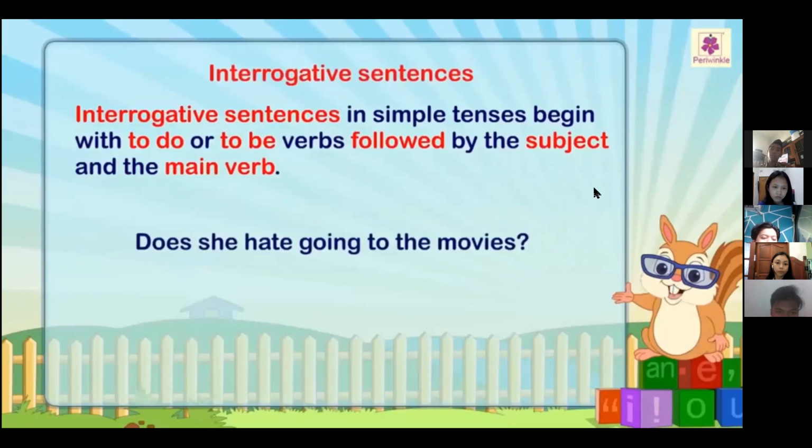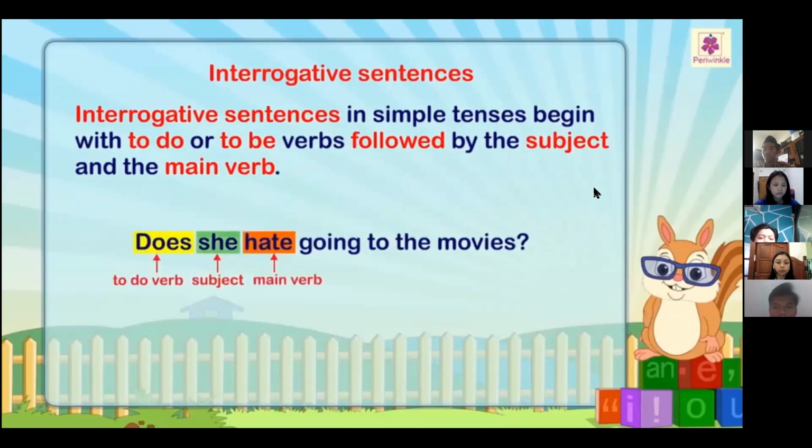For example, does she hate going to the movies? Here, the sentence begins with a to-do verb does is followed by the subject she and the main verb hate.